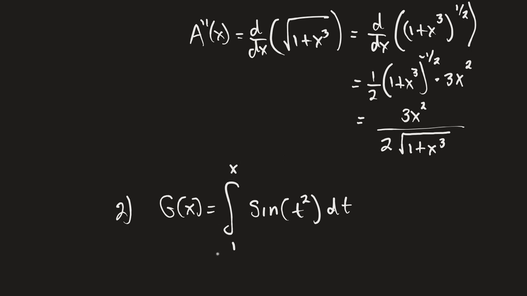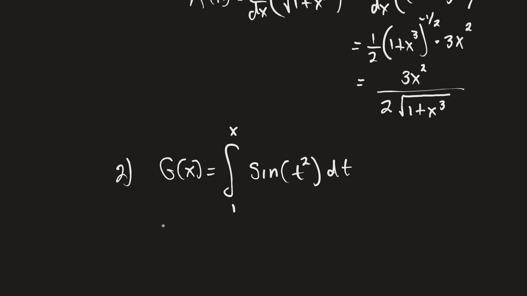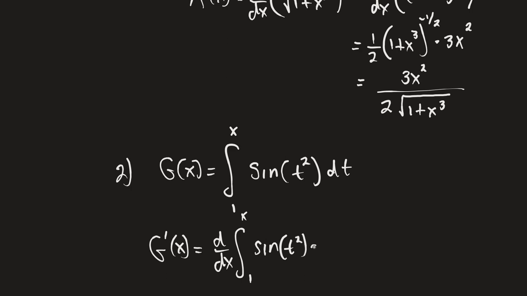And if we wanted to find the derivative of g of x, so g prime is the derivative of my area function, and the fundamental theorem, this really powerful theorem, tells us that we're going to get back the original evaluated at x. So sine of x squared, right?